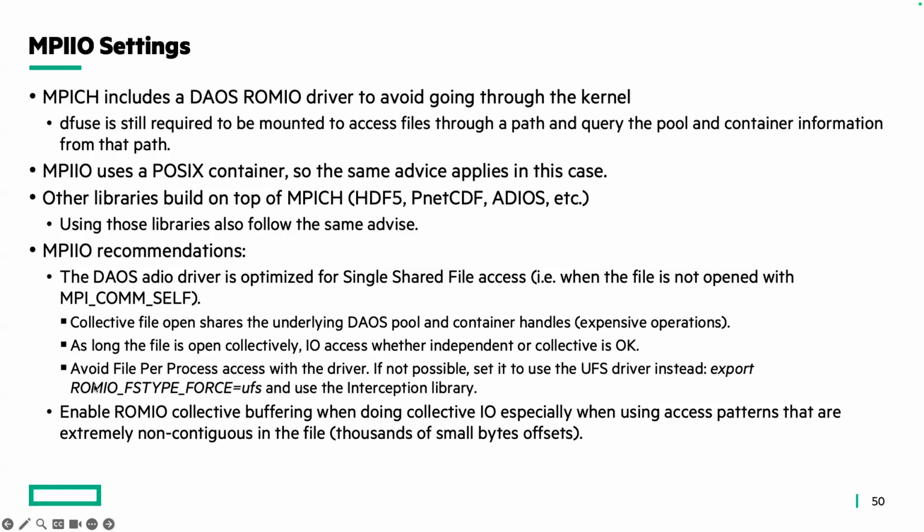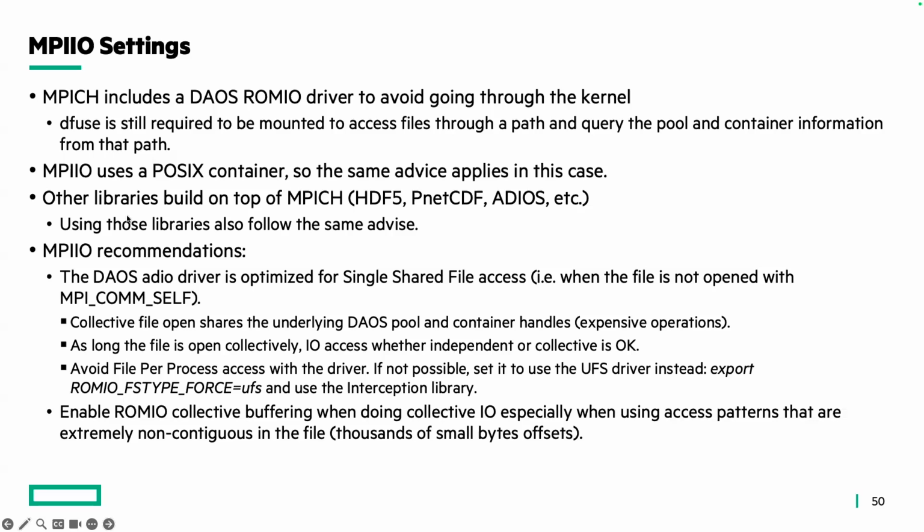If that's not possible, if you have a million or 10 million processes over all Aurora compute nodes running at the same time, and you are using independent MPI-IO access, it's actually better to use the UFS driver versus the DAOS driver, and use the interception library in that case.